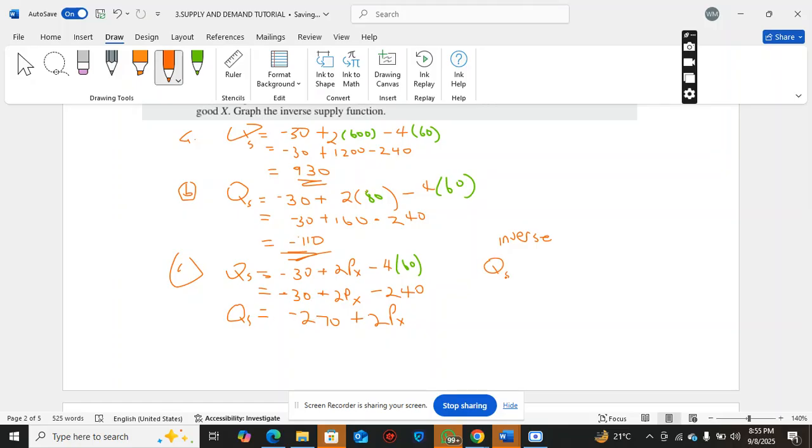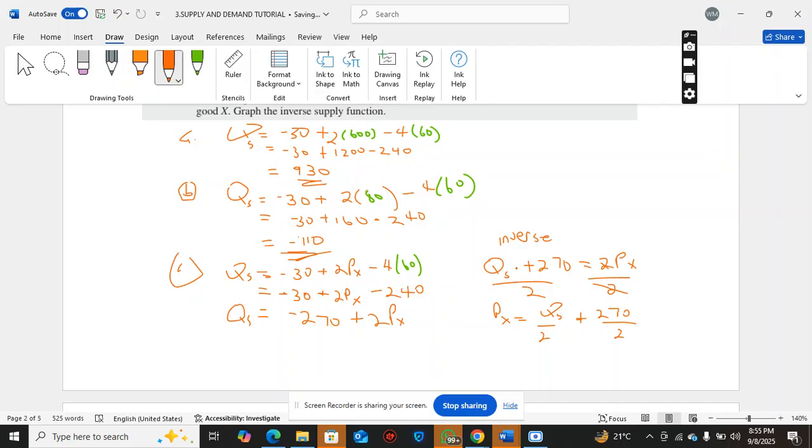So we have Qs plus 270 equals 2Px. And to make Px the subject of the formula, you divide both sides by 2. So you're going to get Px equals Qs divided by 2 plus 270 divided by 2.